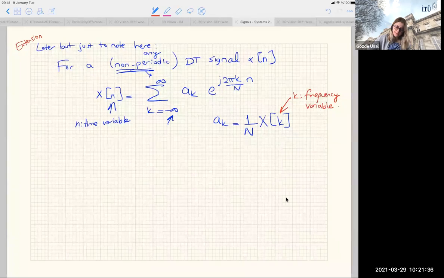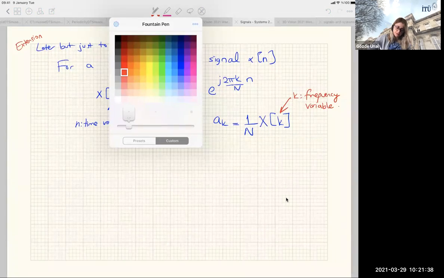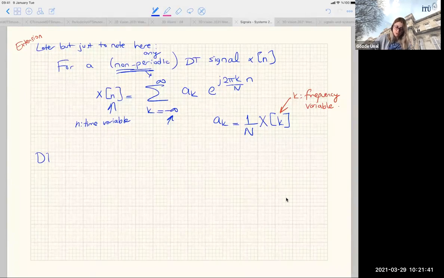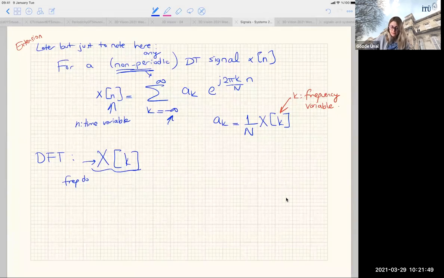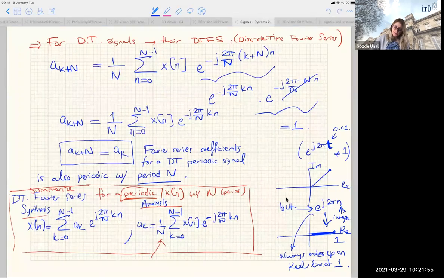And our DFT, the discrete Fourier transform that you use, is really the frequency domain representation of x of n, like the a_k. So here a_k is the frequency domain representation, the Fourier series coefficients of x of n.